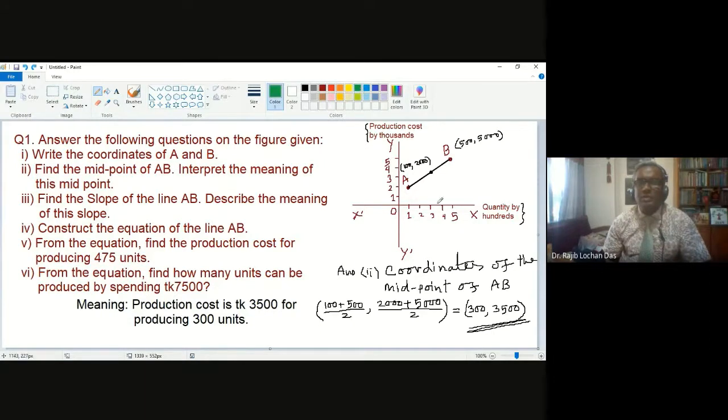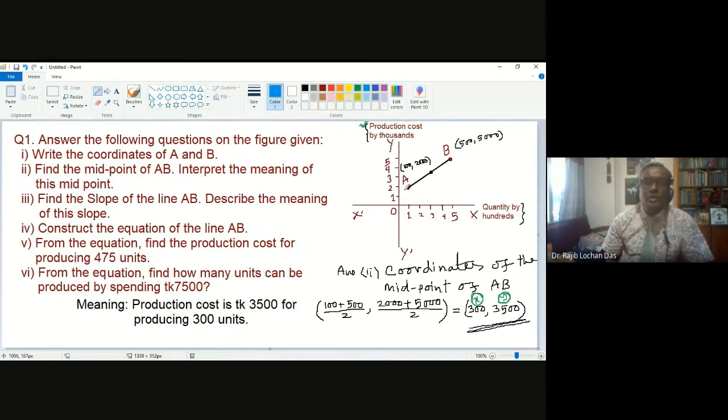So how much you are producing, that is your X. And what is Y? Y is 3,500. So what is the understanding? Y means production cost. So your costing will be 3,500 taka. So this is the meaning of the middle point. Is that okay? Yes, sir. Everyone is okay with this, then it's fine, very good.